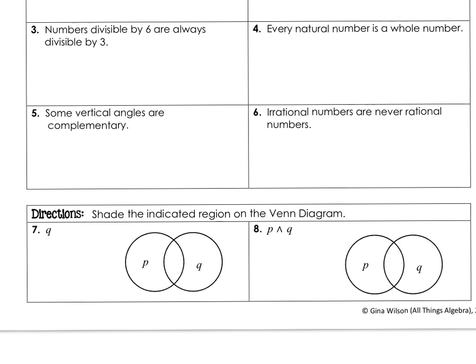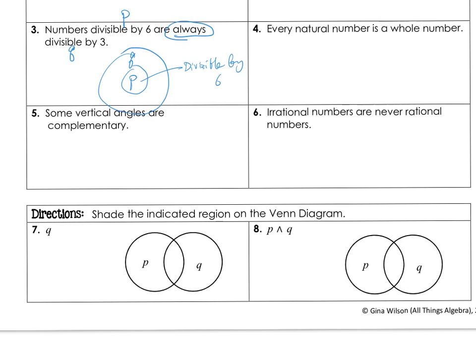Number 3, numbers divisible by 6 are always divisible by 3. So the keyword is here. If we call numbers divisible by 6 P, and those divisible by 3 Q, we have a relationship like this. P is divisible by 6, right?